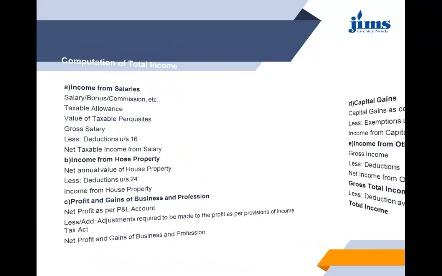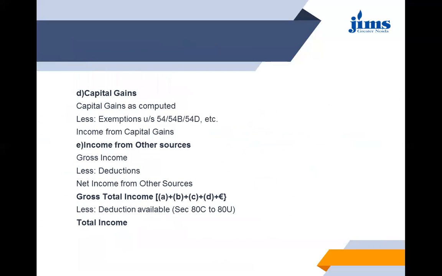Then in the next head we have income from capital gains. Capital gains are computed. Then exemptions under sections 54, 54B and 54D, etc. are reduced. Then income from capital gains is received. Then income from other sources includes the gross income. Then deductions allowed are reduced. Then net income from other sources is received.